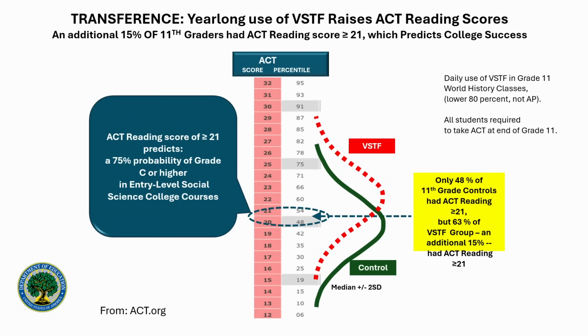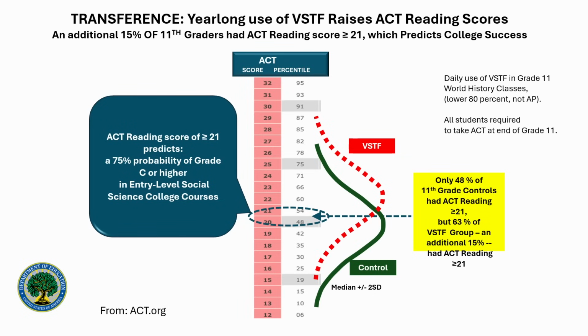The ACT organization has stated that if a student can attain an ACT reading score of 21 or greater, they will have a 75% probability of getting a grade C or higher in entry-level social science college classes.